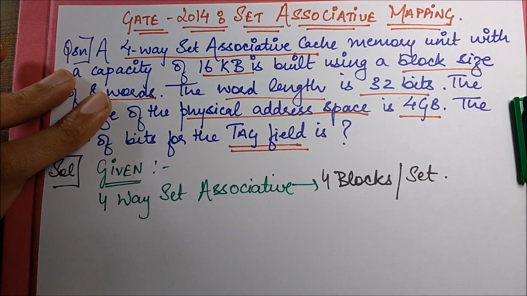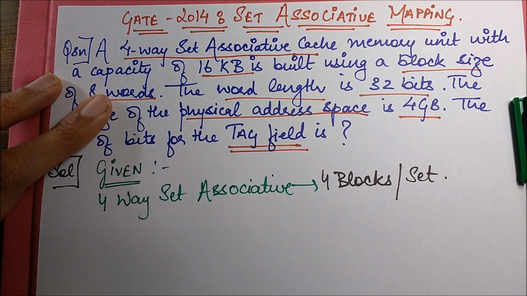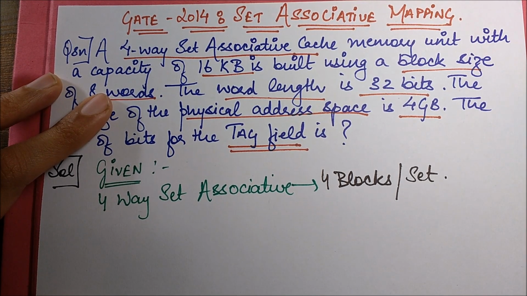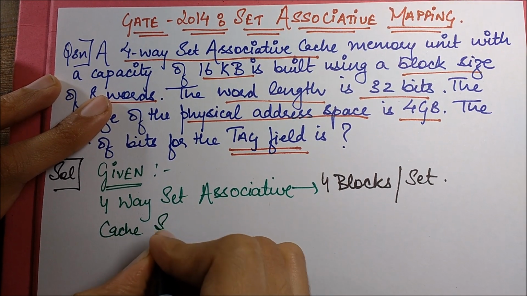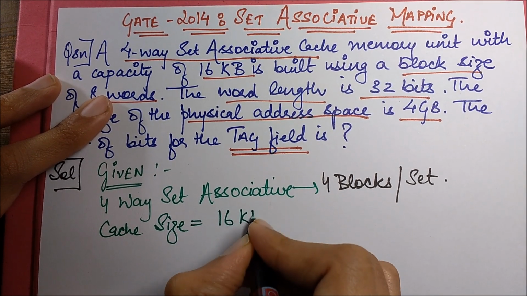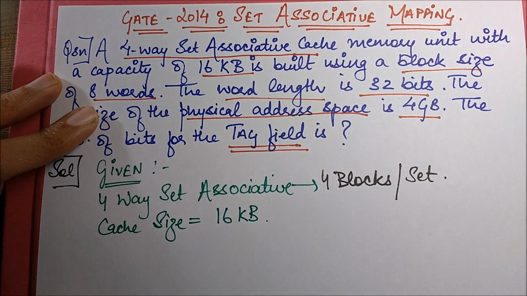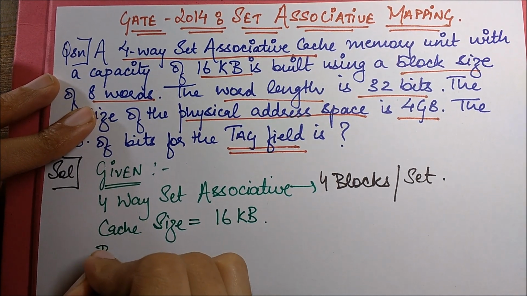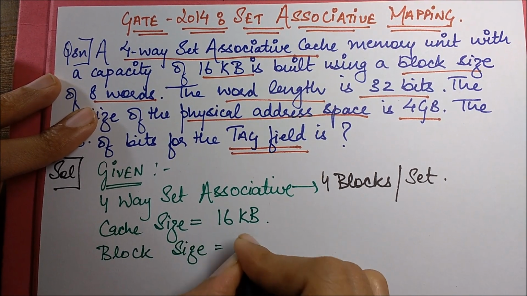Next they say that the capacity of the cache memory is 16 kilobytes, so the cache size is 16 kilobytes. Next, the block size is 8 words.